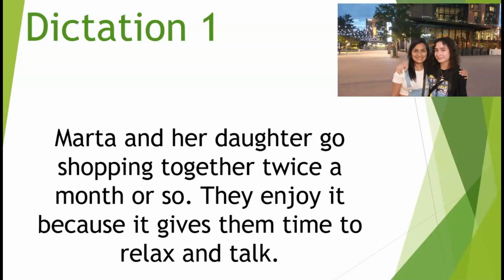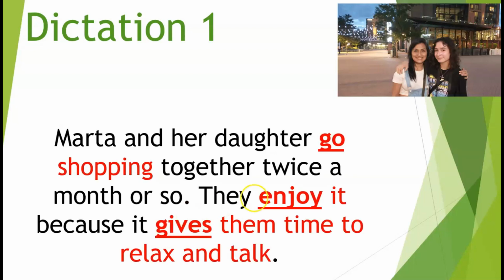Now, in this dictation, we have 3 verbs. So try to find the 3 simple present verbs. Okay, so those are right here. We have go, enjoy, gives. Go shopping, enjoy it, and then gives them time to relax and talk.